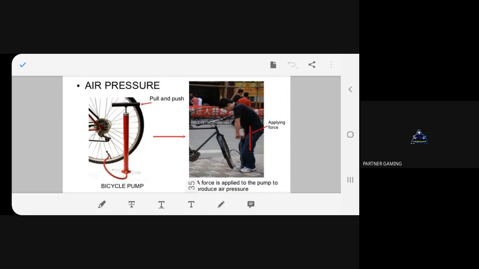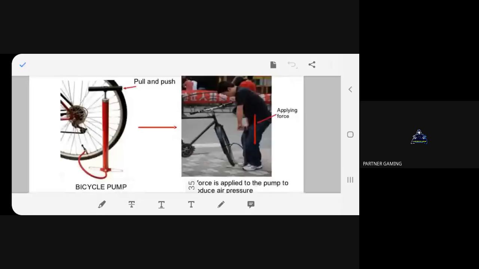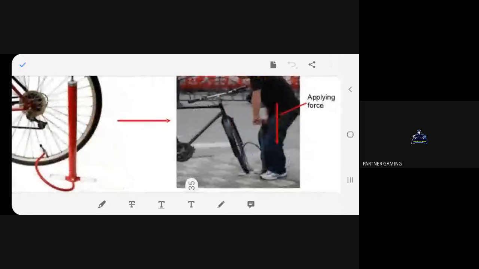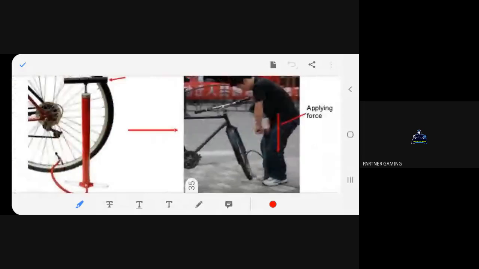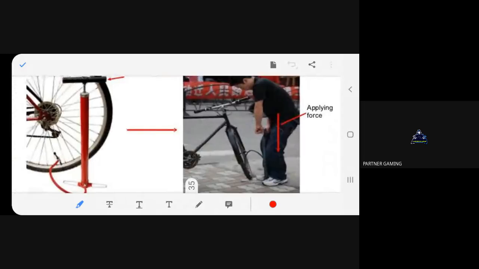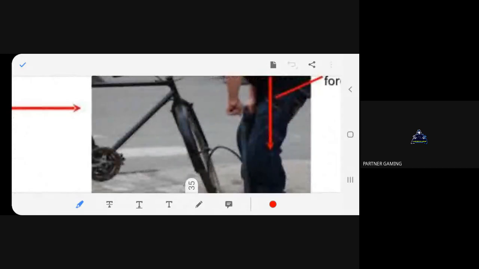See the mechanism. He's applying the force. It is going down. The air is being pushed into this tube, and then it goes to the tire tube and gets filled up. So what we are doing? A force is applied to the pump. This person is applying the force. You can see the direction.